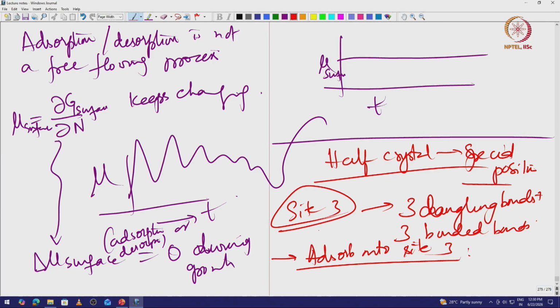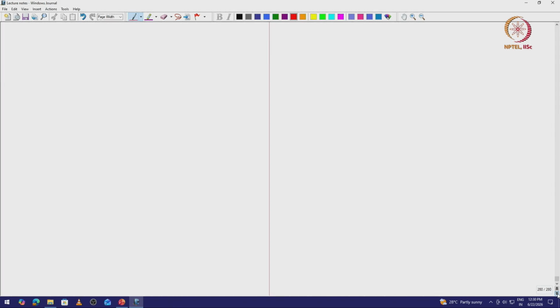So, any adsorption onto site 3, there is no increase in the surface energy. Okay. The total surface energy, G surface. This is not specific surface energy, this is not surface energy per unit area, right. So, this is a total energy coming because of the surface.